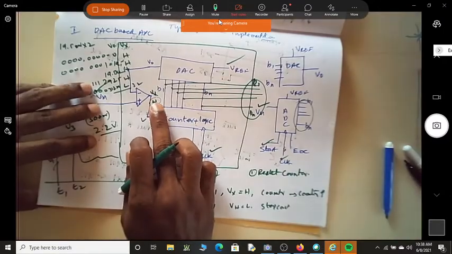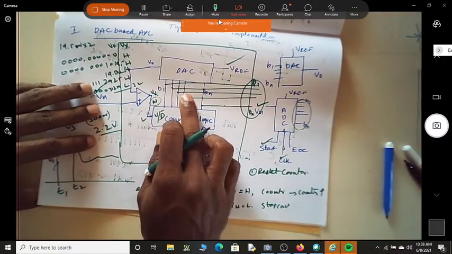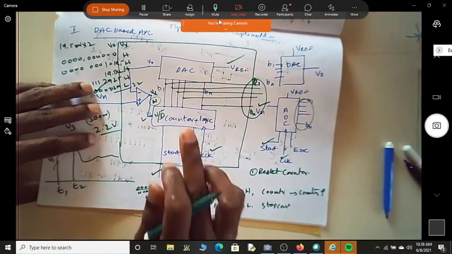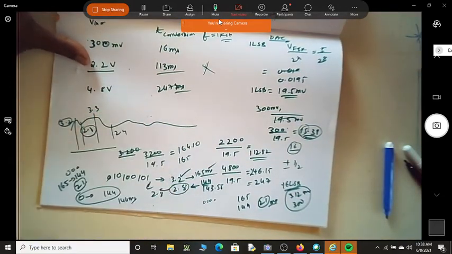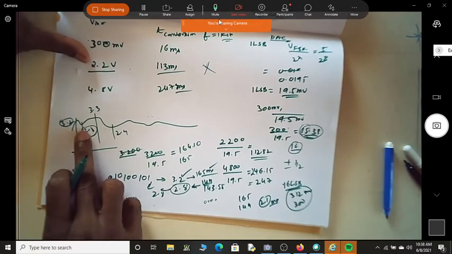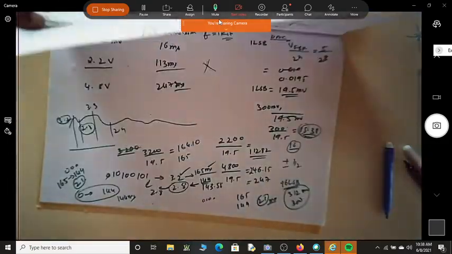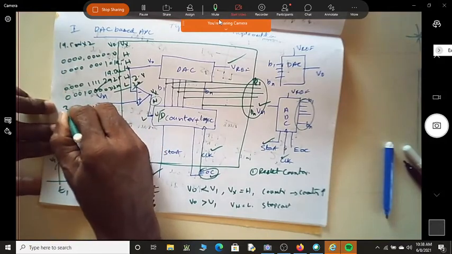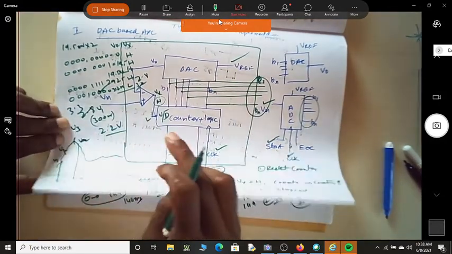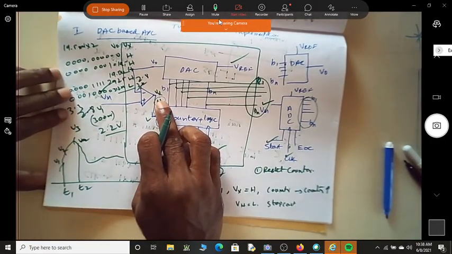Just look for whether it is high or low. If it is high, you do the up count. If it is low, just do the down count. You can just assume that after 2.8, it is 3.3. So then, what is the equivalent you have? You have 2.8. Now the input has become 3.3. So what will be this value?